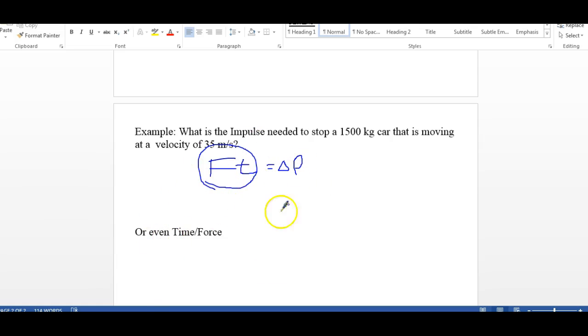We want to know this number, and we know the change in momentum is equal to mass times velocity final minus velocity initial. The mass is 1,500, and the velocity final is 0 minus 35.